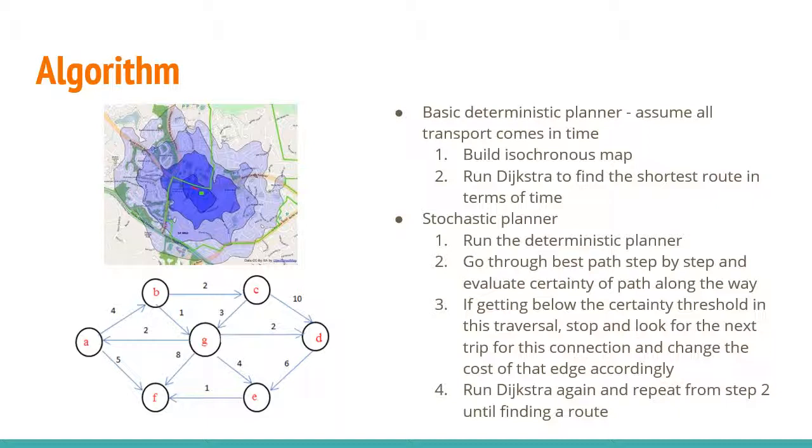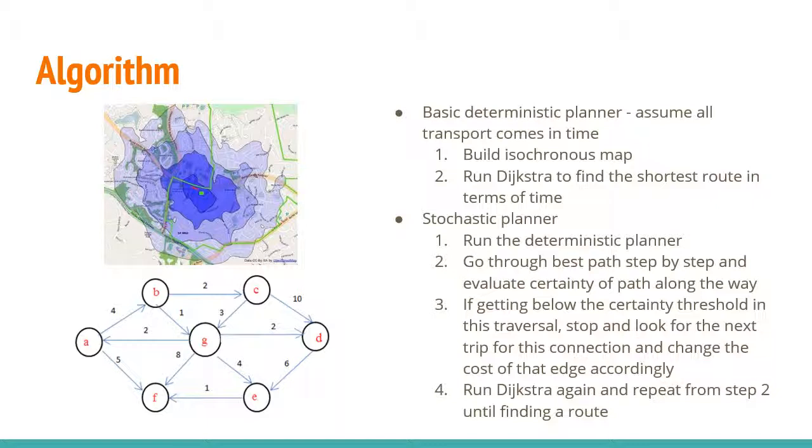After having prepared our data, we could finally start coding the real deal, the algorithms. Our first approach was to assume that all the modes of transportation would have no delays. In this case, the first step was to build an isochronous map. Namely, we ran a breadth-first search from the start station to compute the weights of the edges.